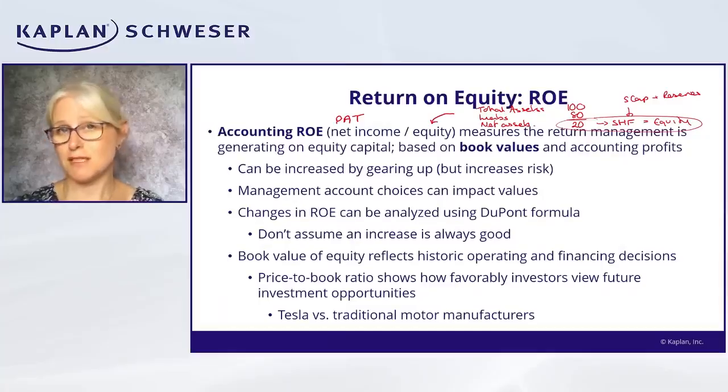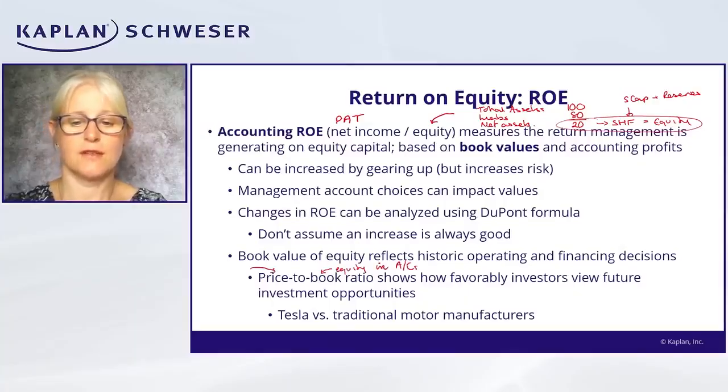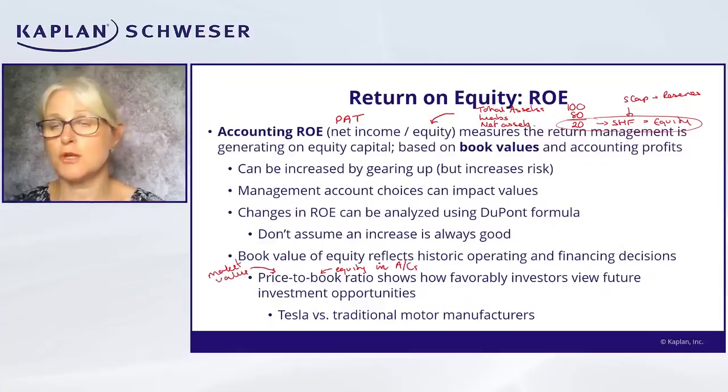And another thing we might do as equity investors is compare the equity in the accounts, the book value, to the market value of that, which of course you could do on a per share basis, one share, or you could do it for the whole company. So if you've got a big price to book ratio, it means that the market price is high for the underlying assets or net assets of the company.